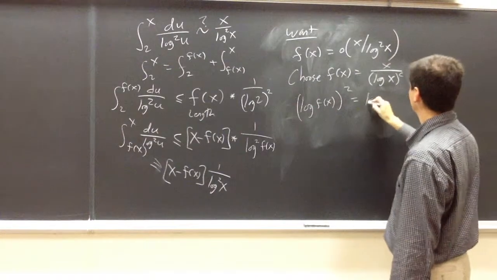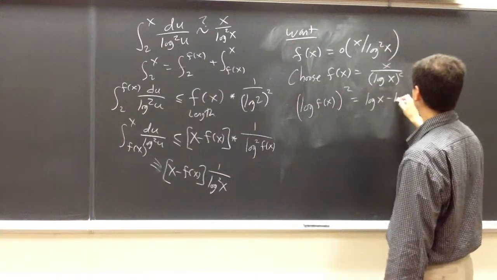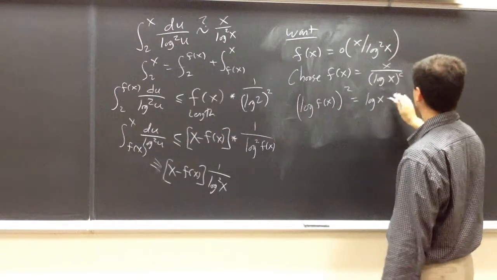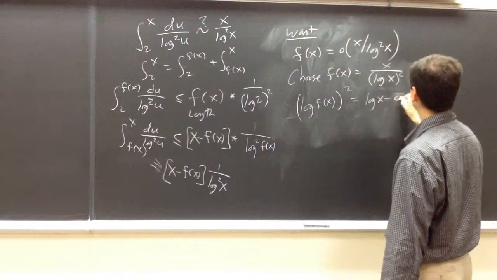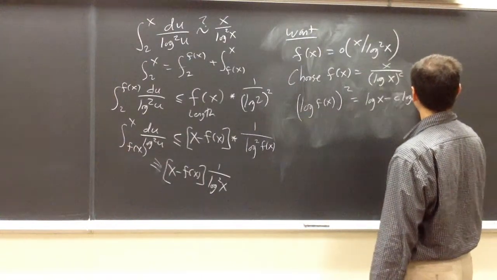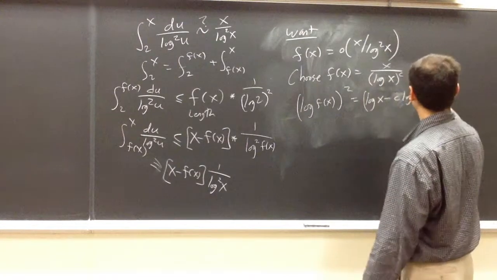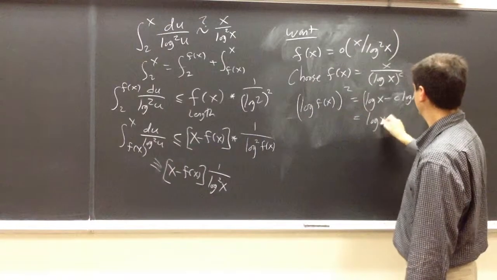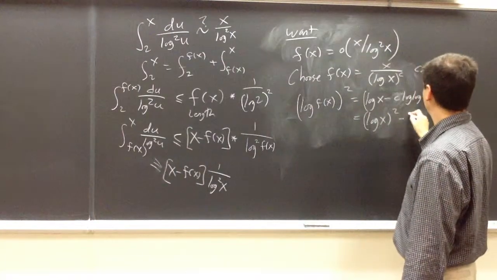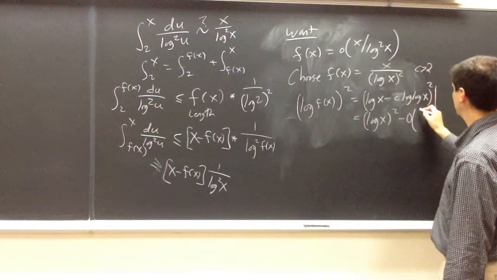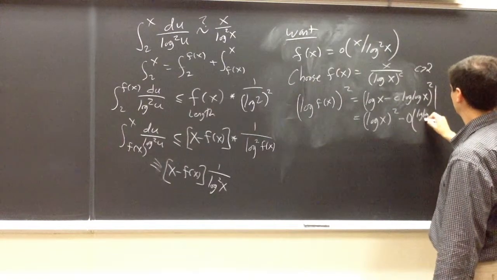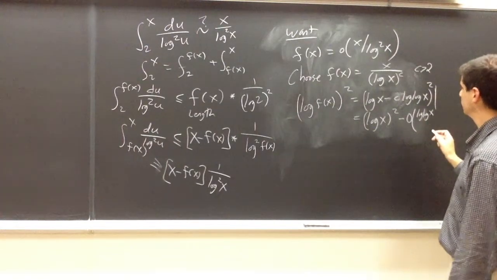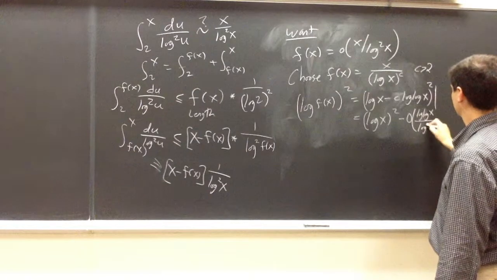That would be the log of x minus the log. So we'd get a c outside. So minus c log of x squared. So it's going to be the log of x squared minus some constant of size log x over log x.